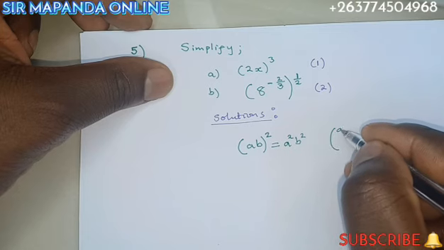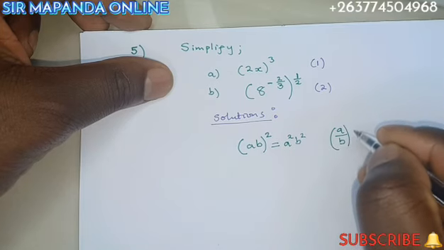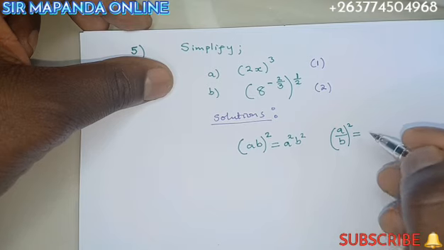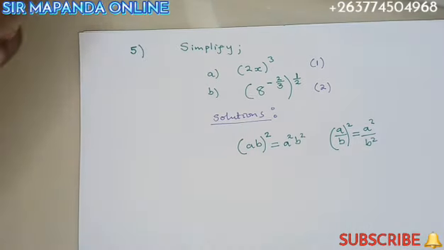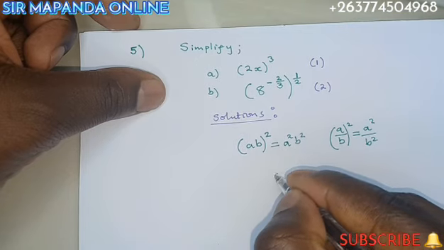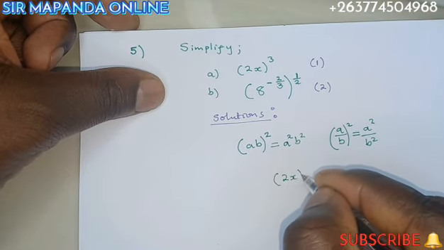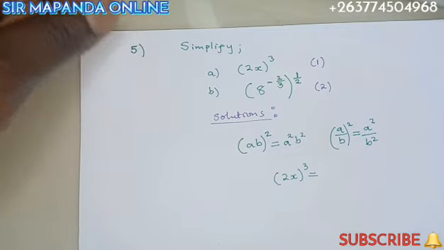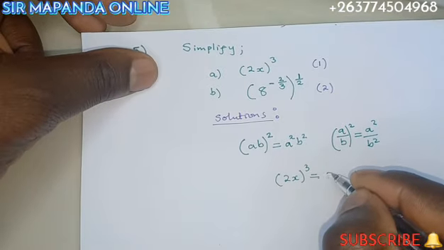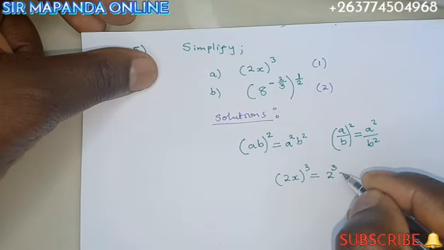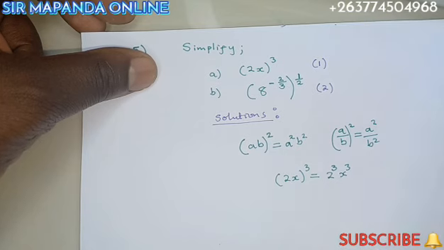Even with numbers, when dividing, like a over b raised to 2, you get a squared over b squared. So the power is distributed on both a and b. The same applies here. Given (2x) to the power of 3, you know that the 3 does not affect x only, but also affects the 2. So you get 2 to the power of 3 and x to the power of 3.